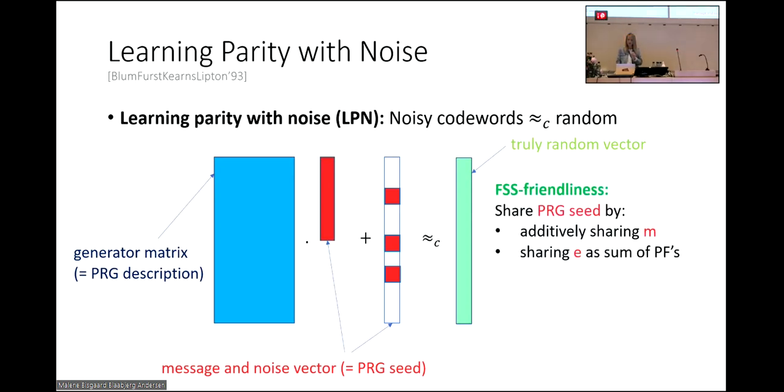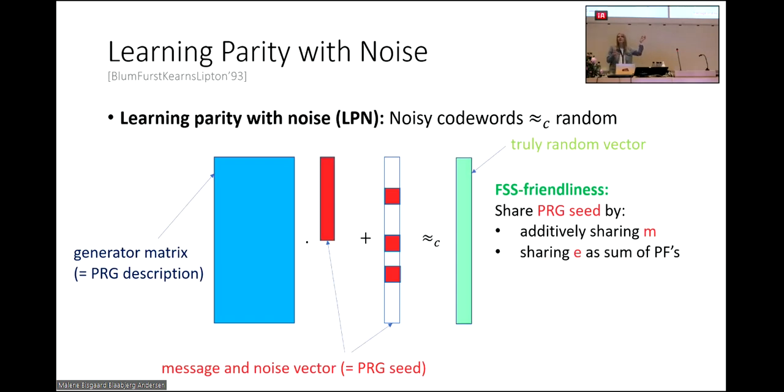And this is function secret sharing friendly because the message will be short, so we can just use additive secret sharing. Even if it scales with the length of the message, that will be short. And we can just share. There are relatively few non-zero noise coordinates, so each of them we can just share as a point function.